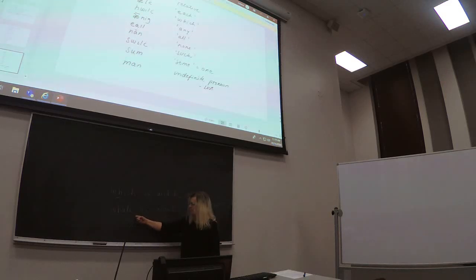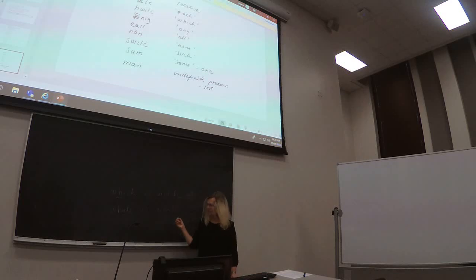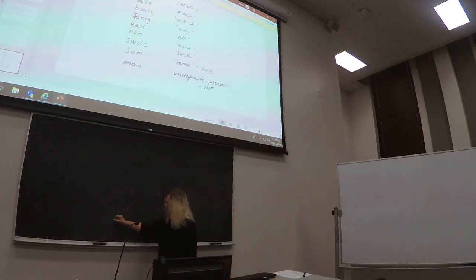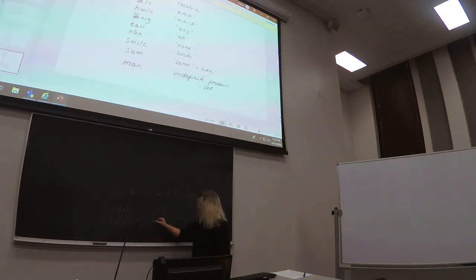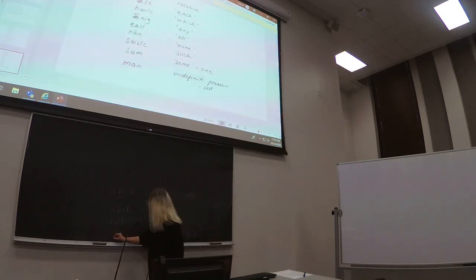And here's the same kind of difference. How many of you would say whale and wail in the same way? Yeah. So if you know someone who says whale as opposed to wail, two different words, then that would be a phonemic difference. And that would be the voiceless W, and this would be the voiced W. And this voiceless W goes back to the Old English combination of graphemes and phonemes, hw.